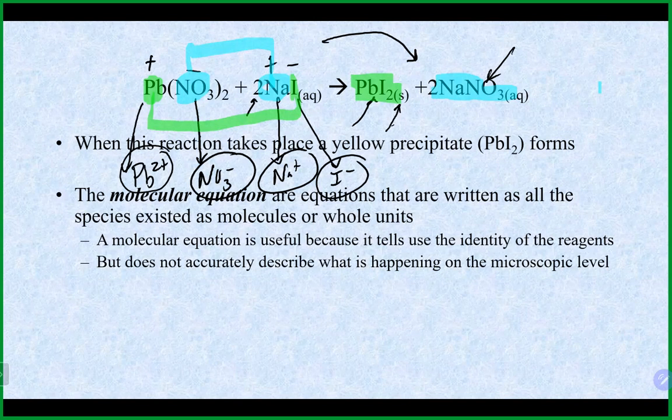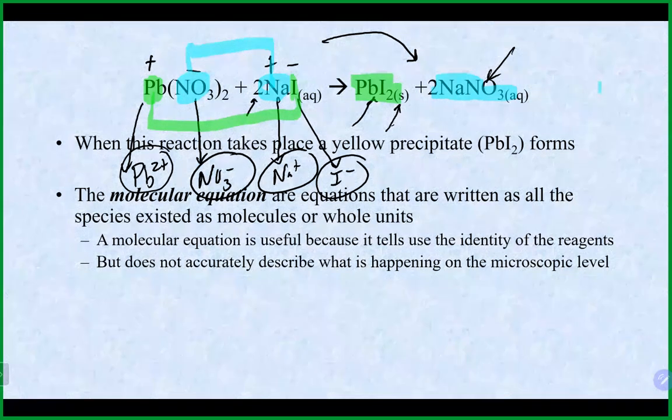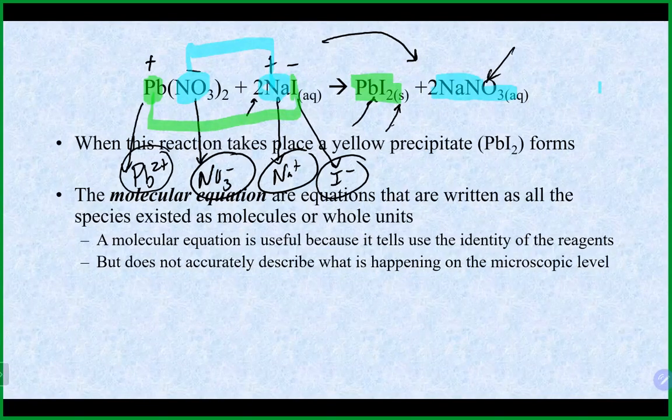This obviously is what is referred to as the molecular equation, and this is the balanced molecular equation. But we could also write a couple of different types of equations to really represent what is going on in the actual solution.